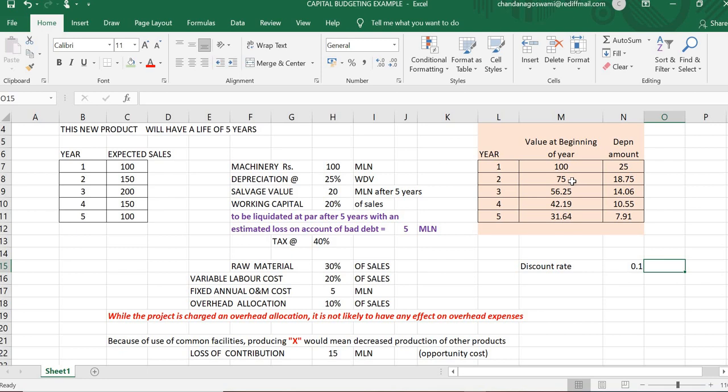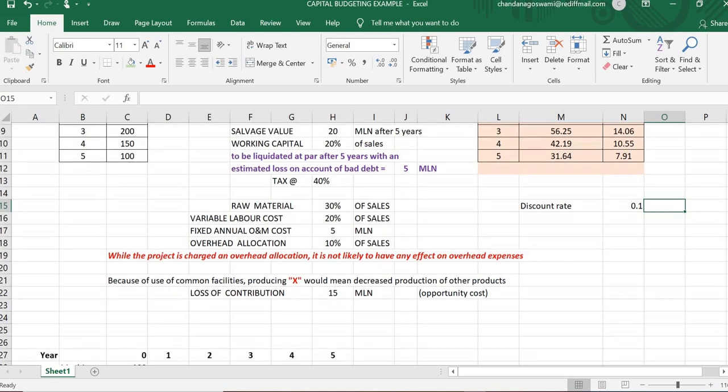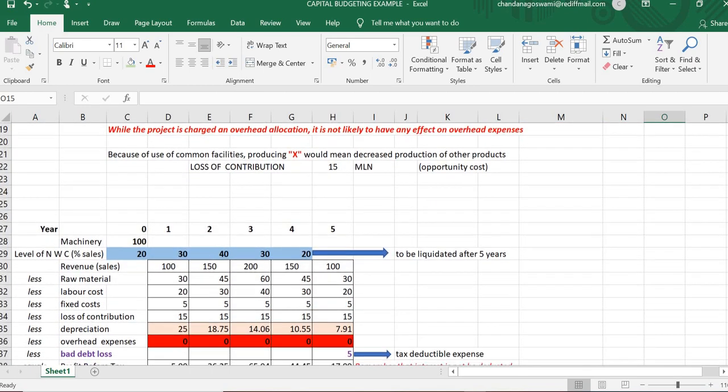Then you apply 25% on the 75, you will get 18.75. So in this manner, you will calculate the depreciation table. This discount rate is given to you should you wish to calculate your NPV. So once we have done the depreciation table, we will now go ahead and prepare the cash flow table.